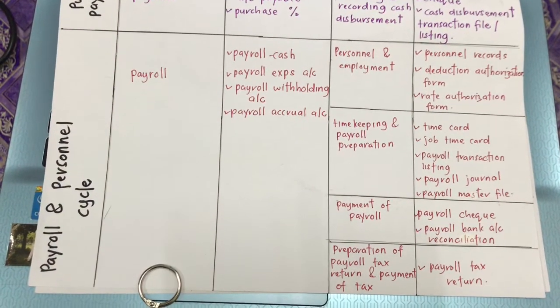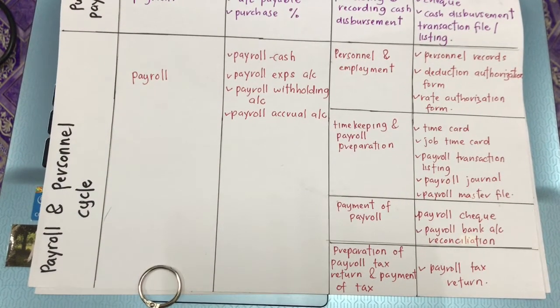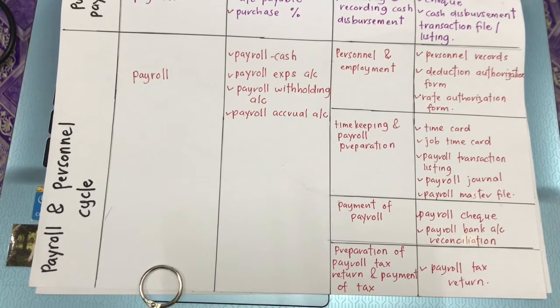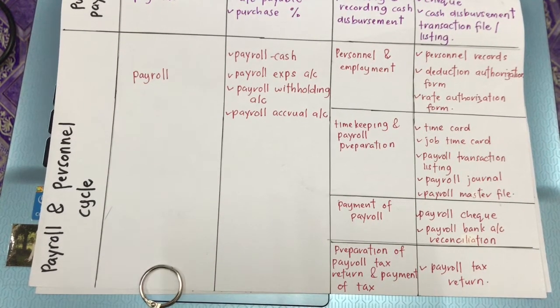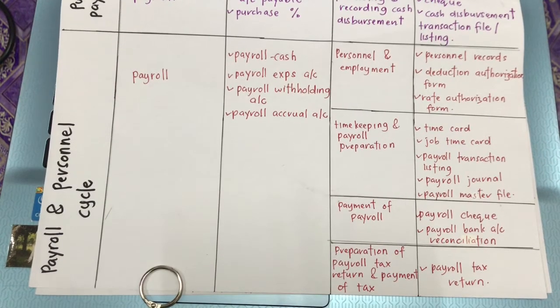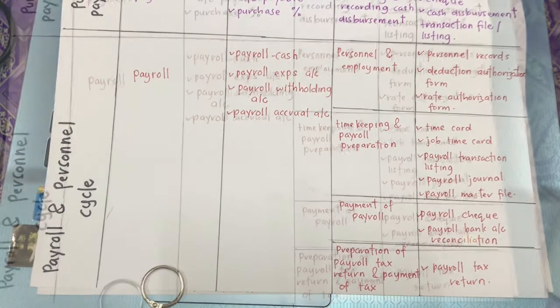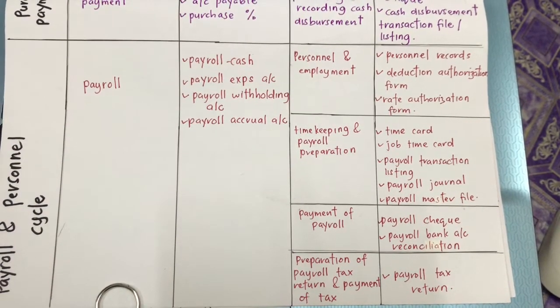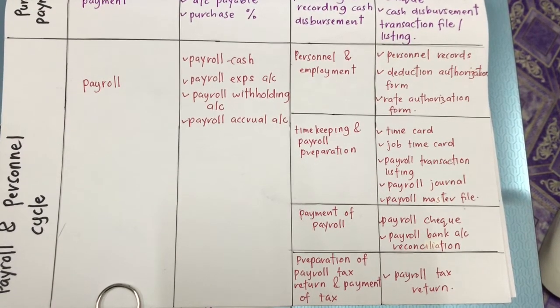Payroll in the payroll and personnel cycle is related to the payroll cash, payroll expenses account, payroll withholding account, and payroll accrual accounts. The business function is personnel and employment, which can be recorded in personnel records, reduction authorization form, and rate authorization form.